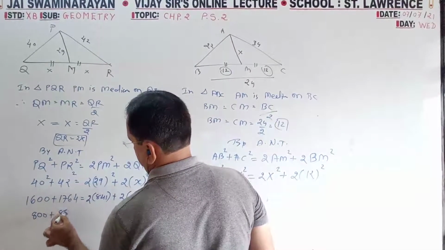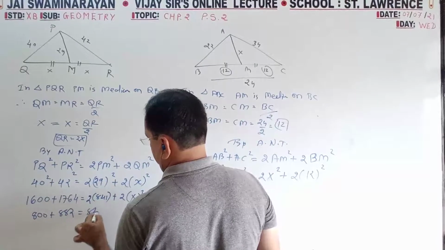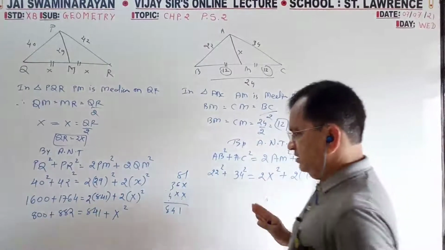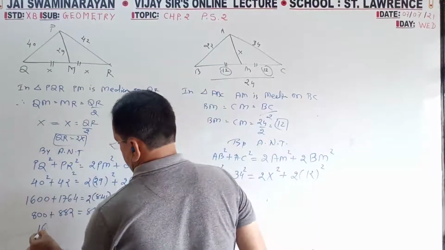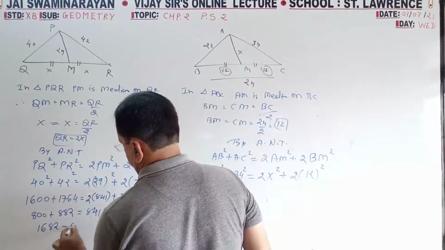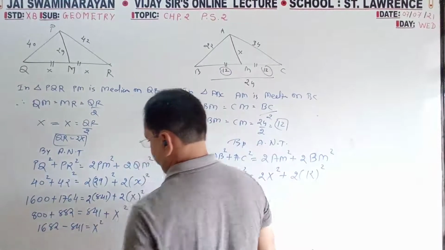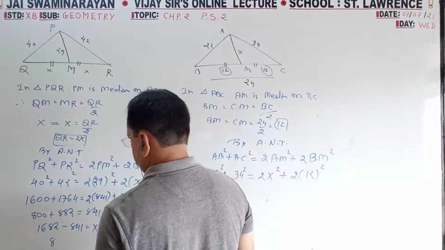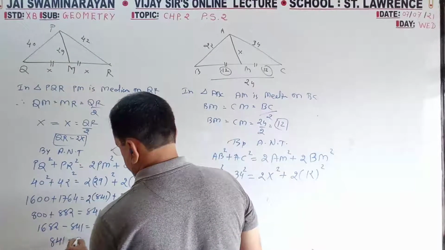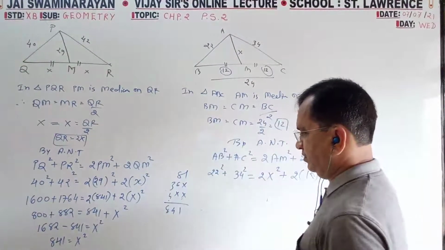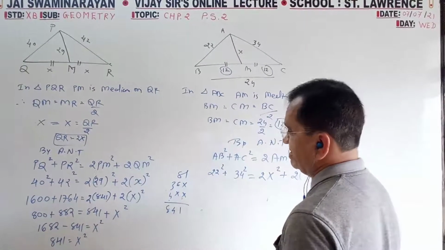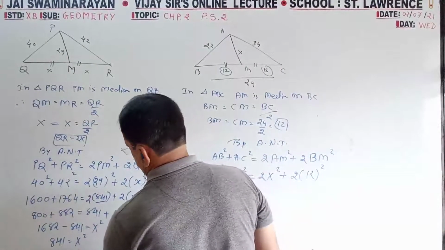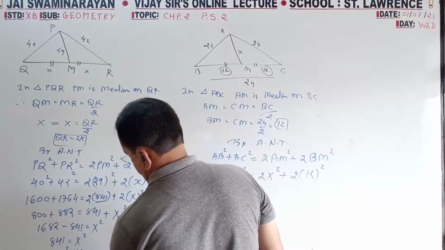This is 82 divide by 2, 841 plus x square. Now add it. 1682 minus 841 is equal to x square. And you got 841 is equal to x squared. So this is 29 square is equal to x. So x is equal to 29.